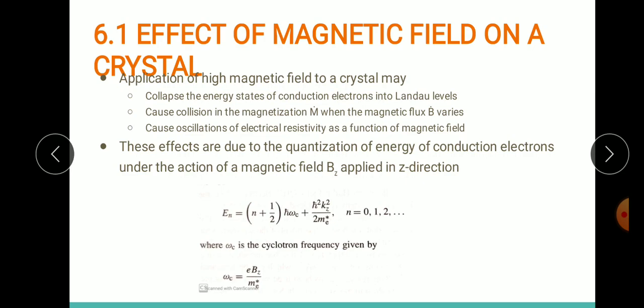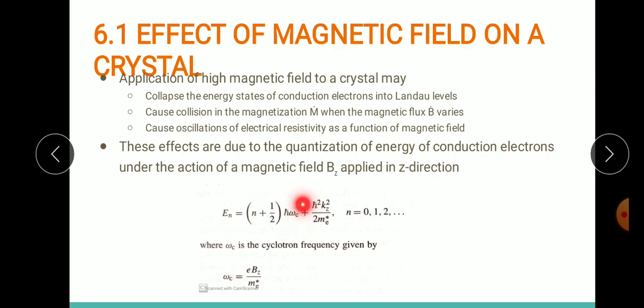So E1, E2, E3, E4, these are your sub-bands of energy. So the conduction electrons get quantized into energy levels given by this equation. So I hope all the terms are familiar. There is no new term used here, right?